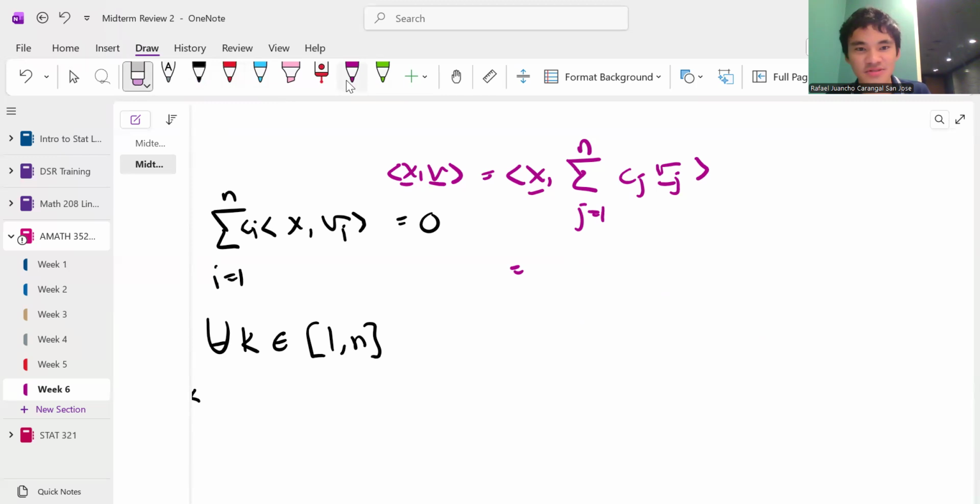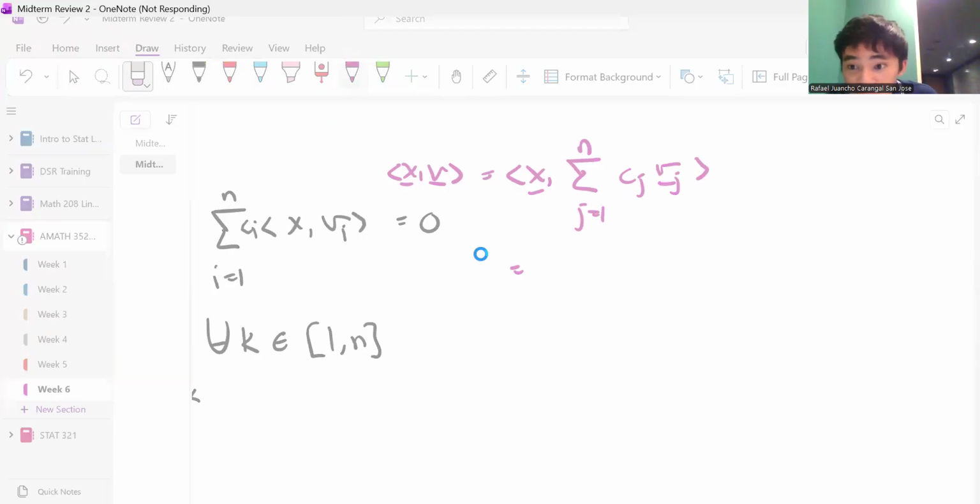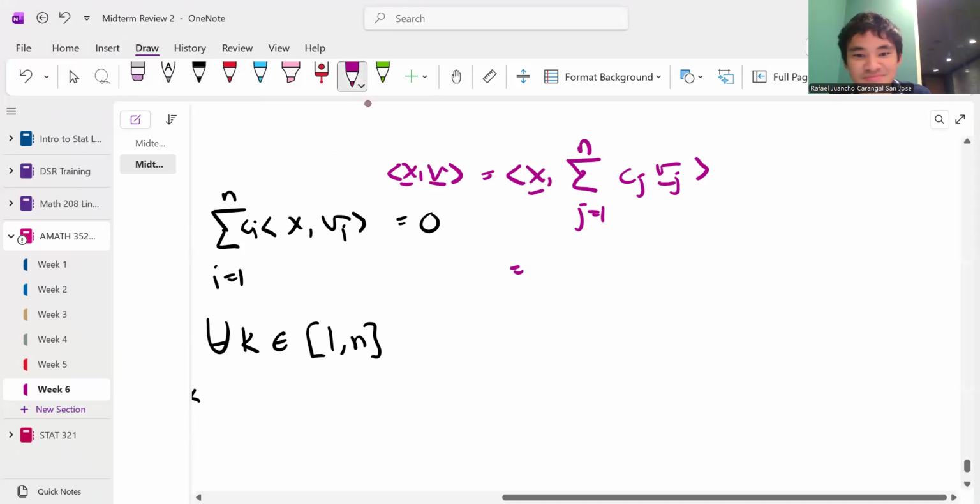Fine. No worries, you got time. Let me try it again. Great, now my OneNote's not responding. This is very cool. OneNote is not responding. I think I just broke the system.